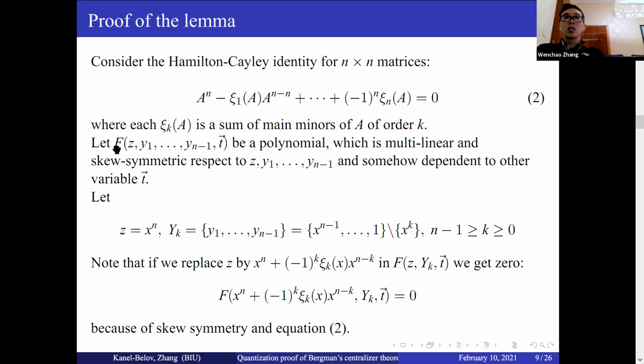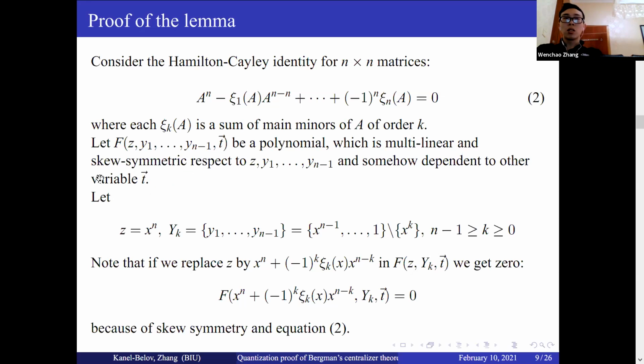Consider a polynomial f of z and y1 to y_(n-1), and t. It is multilinear and skew-symmetric with respect to the first n entries, z and y1 to y_(n-1), and depends somehow on the other variables t.